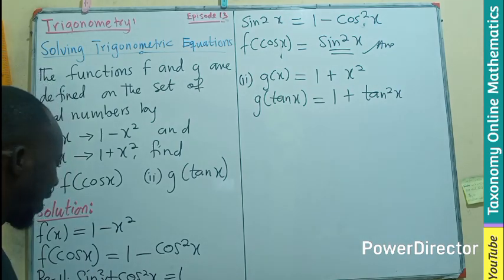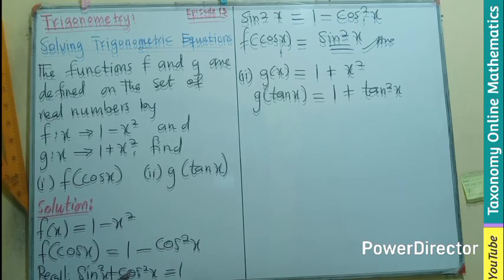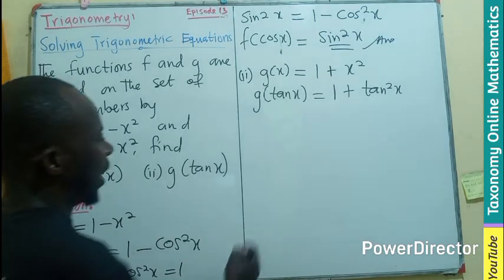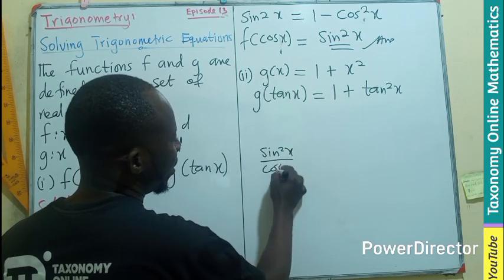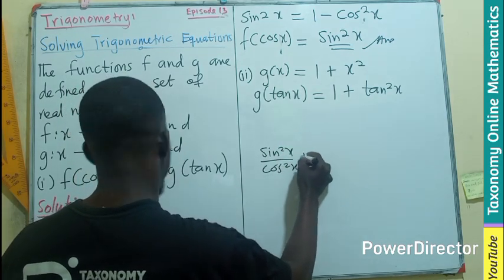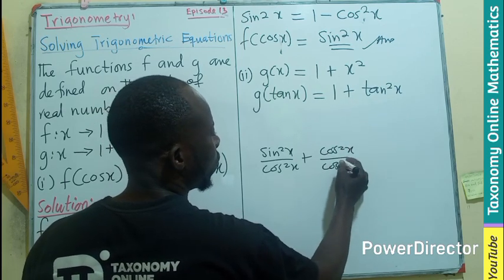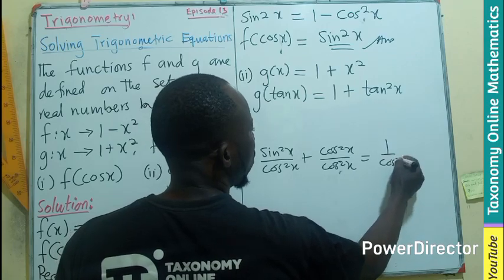Now, still from here, if we divide both sides by cos square x, it becomes sine square x divided by cos square x plus cos square x over cos square x equals 1 over cos square x.